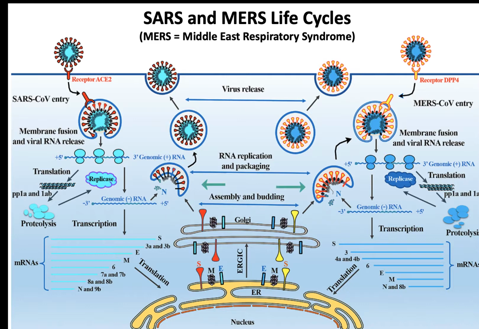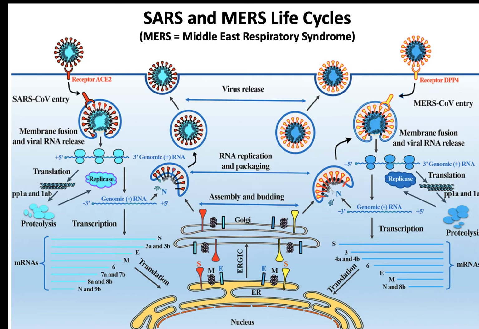The genomic RNA is then put into the inside of those vesicles, and the vesicles are then released from the host cells. So the membrane that surrounds these virions starts as a membrane from the ER, and then becomes part of the Golgi also, and so that becomes the membrane that surrounds these virions.